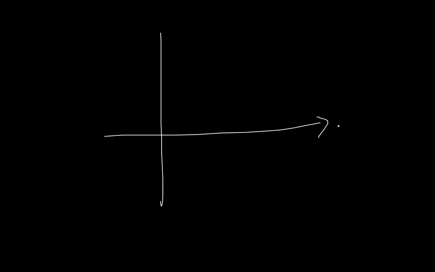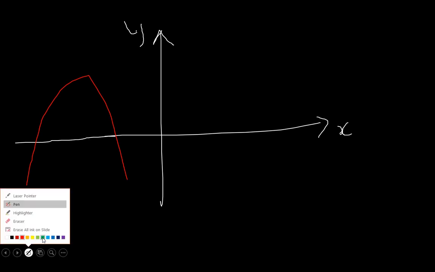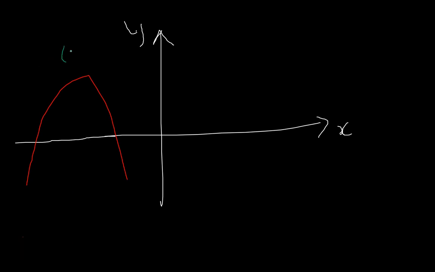Okay, what am I going to do now? I forgot what I was going to do. All right, I'm going to show you this one thing. This is my curve, and this was -7 and 4, and 8.